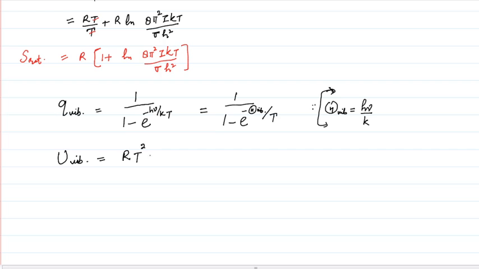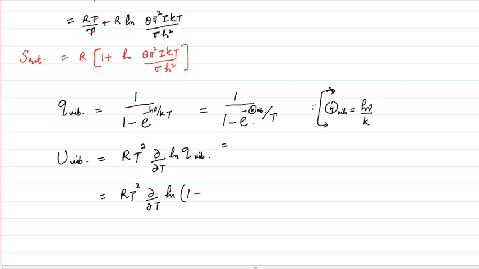The internal energy is related by RT² ∂/∂T ln of Q, here the vibrational partition function. So it will be equal to RT² ∂/∂T ln of 1 minus, so you can write this in one more form.